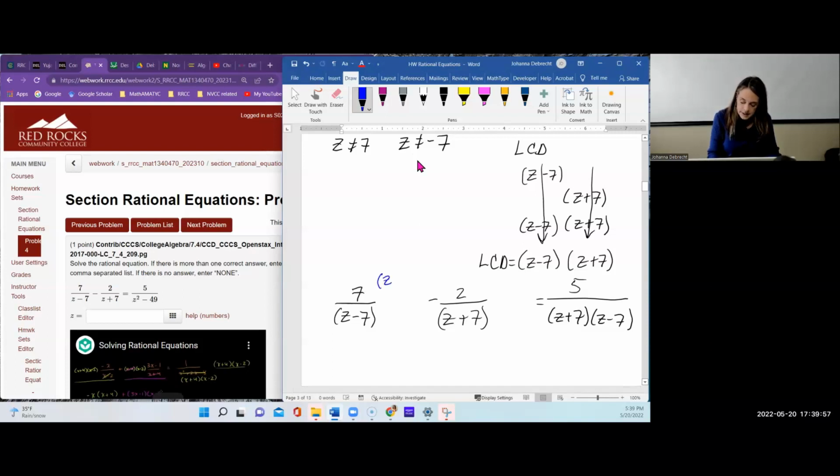That gives me z minus 7 and z plus 7 on the first fraction, z minus 7 and z plus 7 on the second fraction, and z minus 7, z plus 7 on the third fraction. Now, when I look at the first fraction, the 2 minus 7s will cancel, and that will leave me with a 7 and the z plus 7.